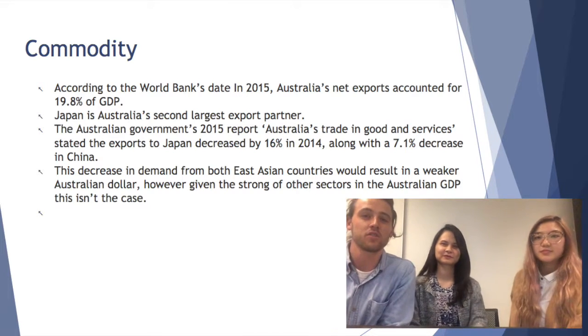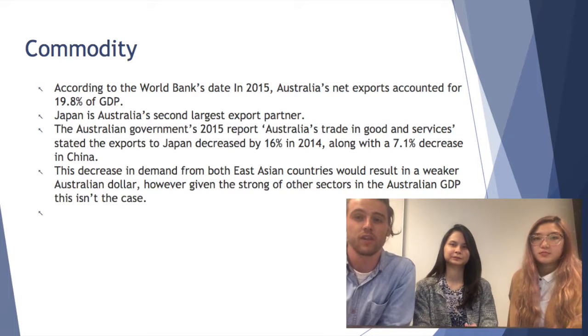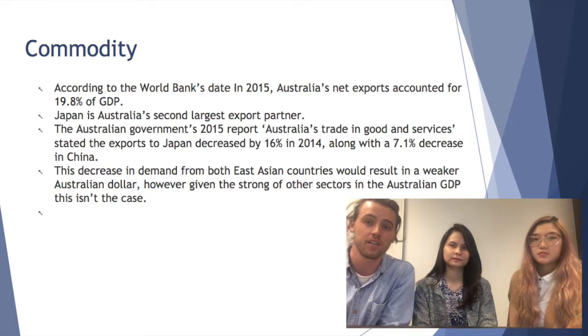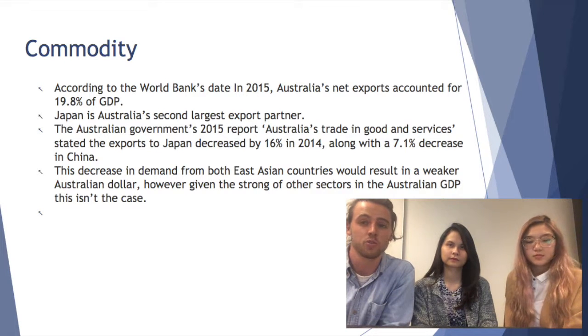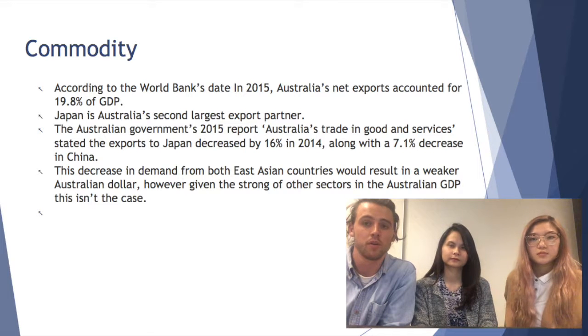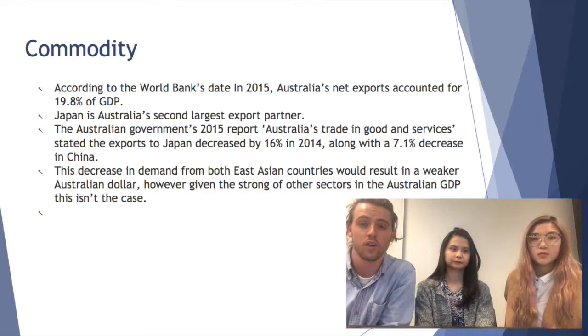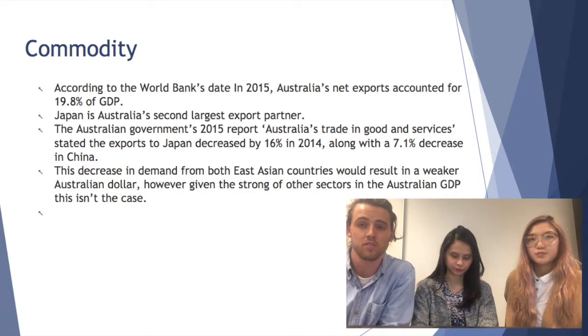As discussed, relative interest rates and relative inflation rates both play an essential part in strengthening the value of a nation's currency. Similarly, commodity prices also play a vital role in strengthening a nation's economy. Australia's commodity market centres around our natural resources, particularly our minerals. The Reserve Bank of Australia's bulletin, published in April 2016, states that 55.4% of our commodity market revolves around iron ore at 33.9% and coal at 20.5%.